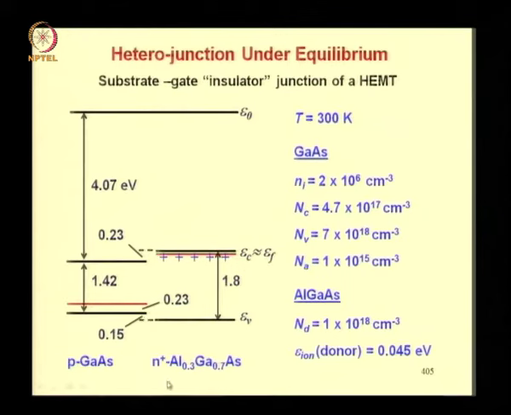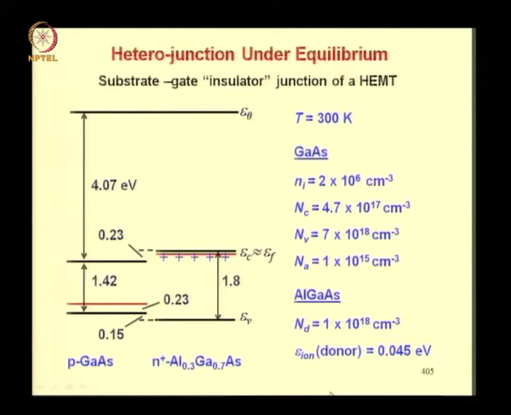On the lightly doped P side we do not need the value of the ionization energy of the acceptor, because this is a lightly doped side and the Fermi level will be above the acceptor level, and partial ionization therefore need not be considered, the ionization will be complete. On the right hand side on the other hand, you can see that if the Fermi level is moving closer to the conduction band edge, then it goes above the donor level and therefore ionization will be partial.